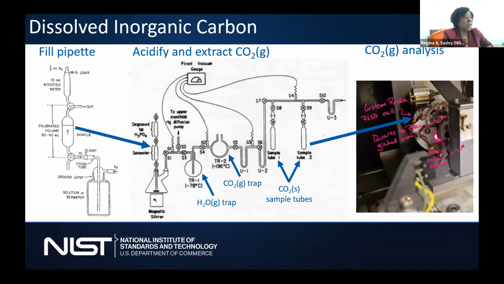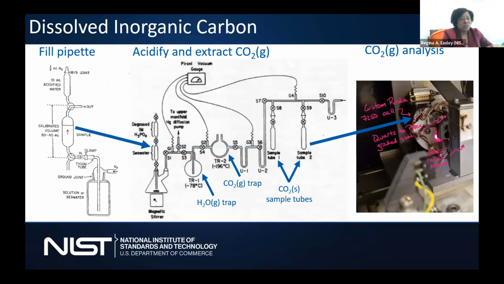To do this, a pipette is filled with a known mass of seawater, and this pipette is weighed, phosphoric acid is added, and what that does is it helps to evolve the CO2. It converts all of those various forms of inorganic carbon dioxide into CO2 gas. Using a vacuum extraction system, they are able to trap out and to separate water vapor from CO2 using a series of sublimation steps. And so what we do not have right now is this actual vacuum extraction system.